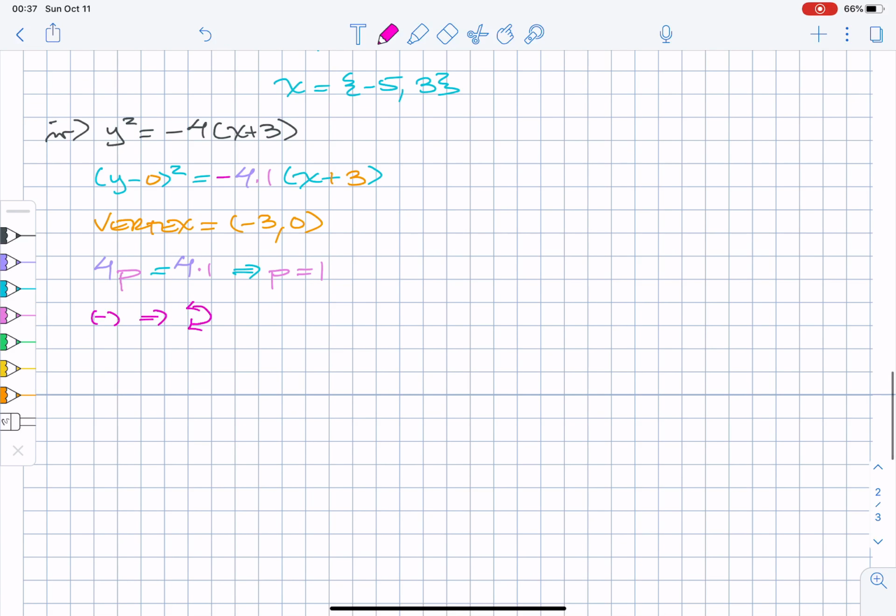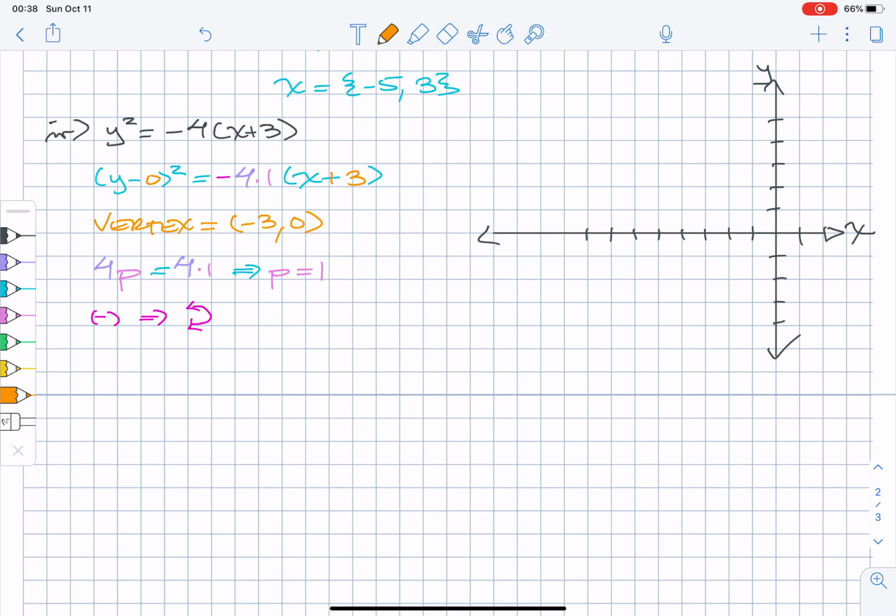Okay, so let's go ahead and plot x and y coordinate axes. Negative 3, 0. Okay, so I see where we are. Let's do 1, 2, 3, 4, 5, 6, 7, 8. 1, 2, 3, 4, 5. 1, 2, 3, 4. 1, 2.